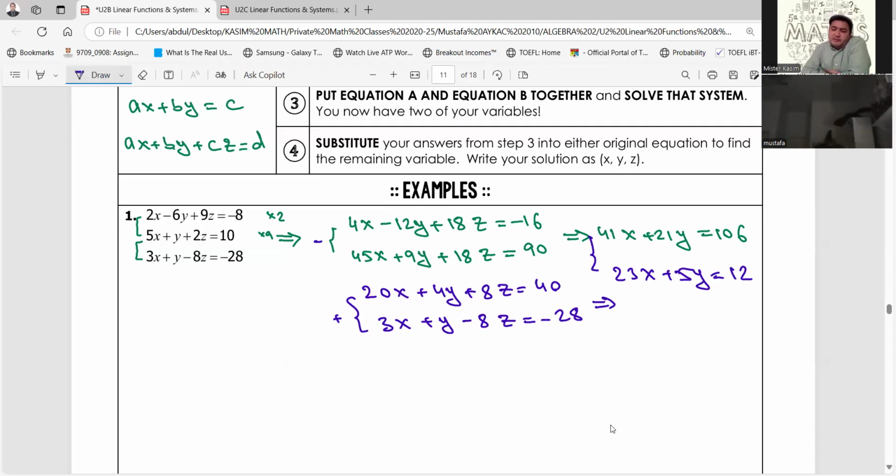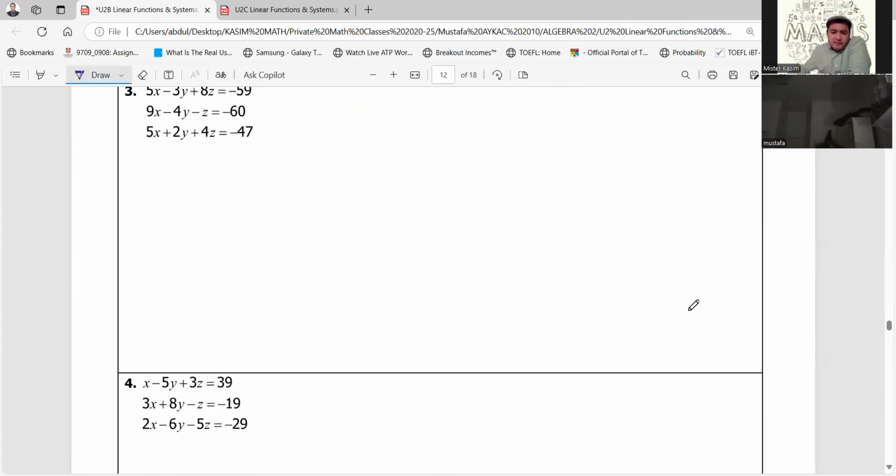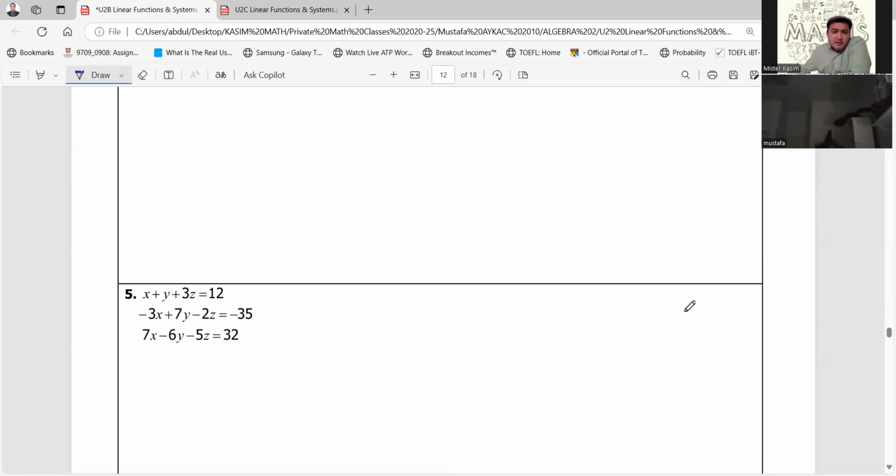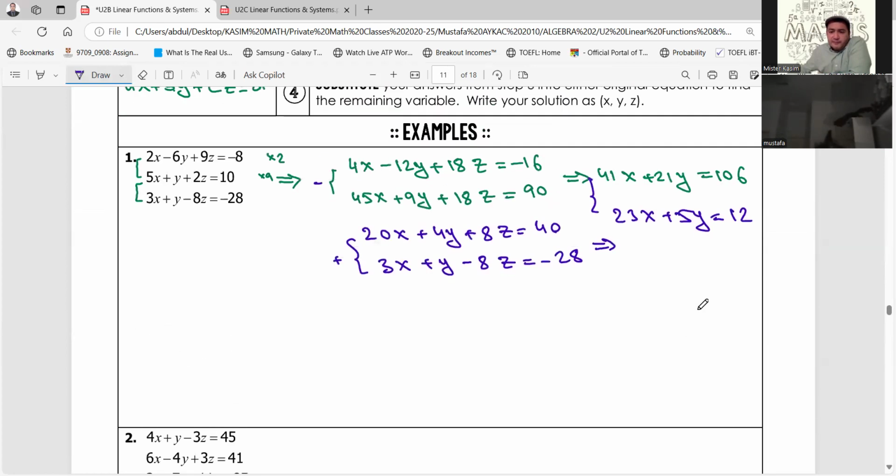The idea is simple, but it may be a bit long, so let's solve 4 questions. I think that will be enough. How many questions do we have here? We have only 5 questions. Okay, Mustafa, now can you write these two equations, solve them, and find x and y? Do it in your notebook, because you know how to do this. If we have the same answer, we will continue.